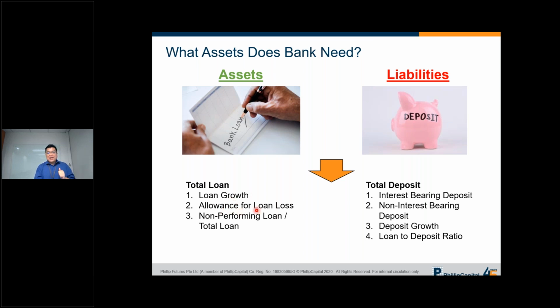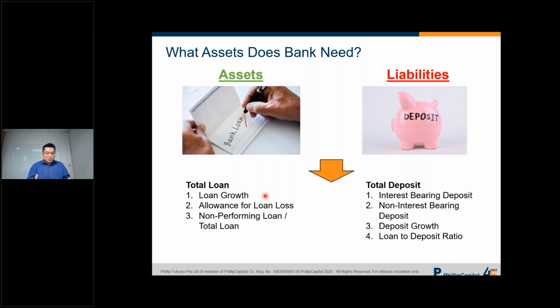Then we want to look at allowance for loan loss. One very good example is last year, during the start of the COVID-19 pandemic. Because of the huge uncertainty, many people were afraid of the recession that was going to come and how long it was going to last. The Singapore government launched Fortitude and other budgets, one after another, to help prop up the economy, to make sure that people and the economy don't suffer.